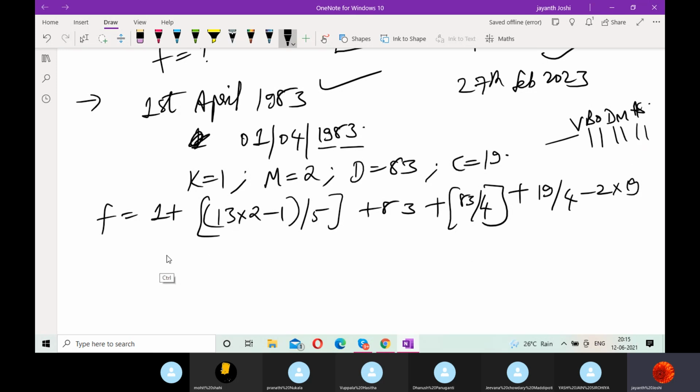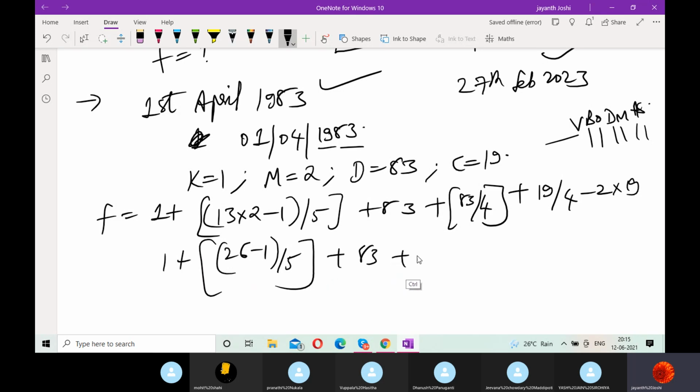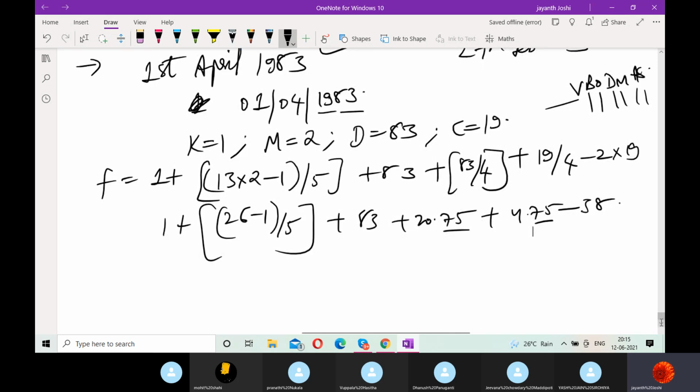So when I solve all this, this is a very simple one to solve. We will directly do this simultaneously. And I already told you, please ignore the decimal numbers. I already told you why I told you to ignore the decimal numbers. This may create some problems, because the rule says to ignore the decimal numbers.